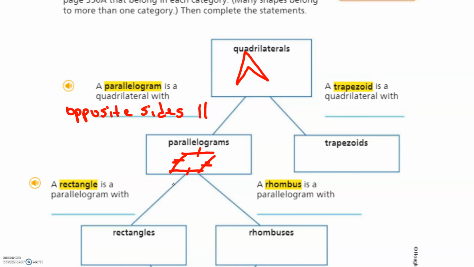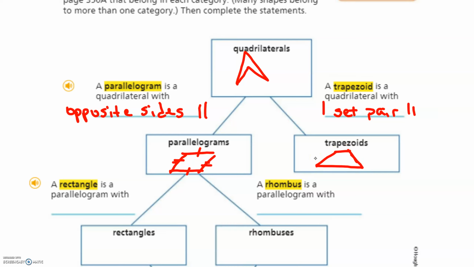Over here, a trapezoid is another kind of quadrilateral, and it's a little bit like a parallelogram, only it has one pair of parallel sides. I'm going to draw one like this. So these sides are parallel, and these two sides are not.